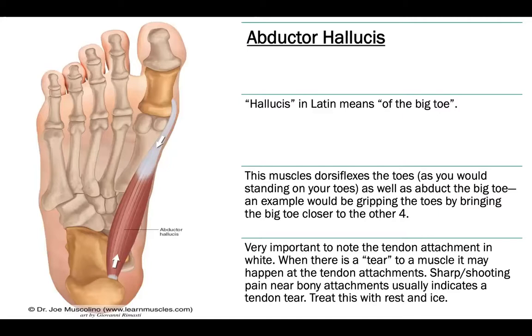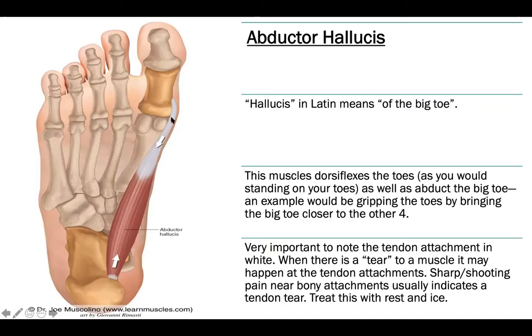So standing on your tippy toes stretches this muscle. It's also the muscle you use if you are gripping with your feet. So if you're on the ground in yoga or your toes curl in for any reason, that's this muscle working. It's also very important to note the white tendon attachments you see here.